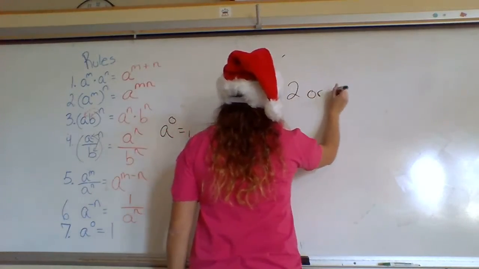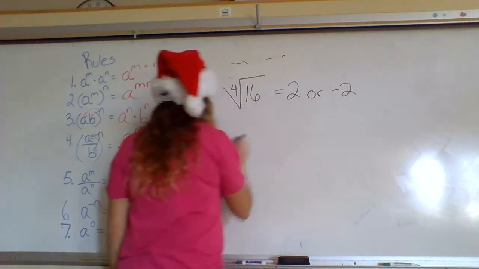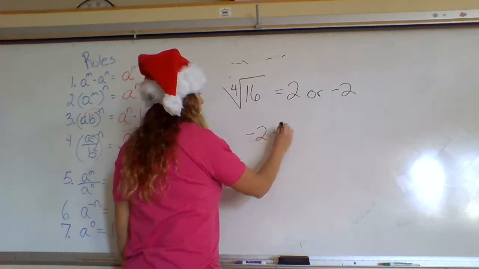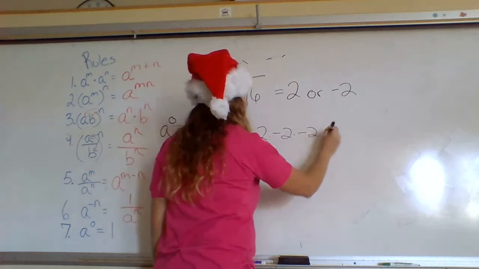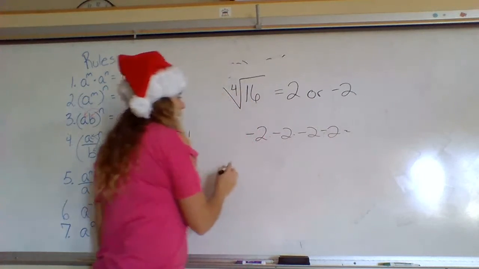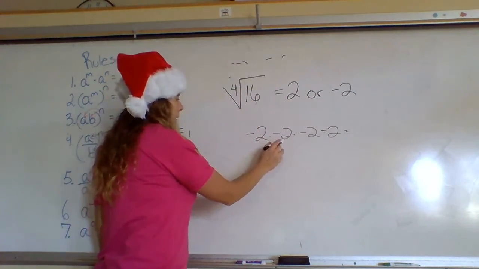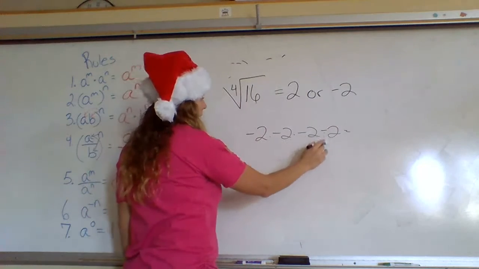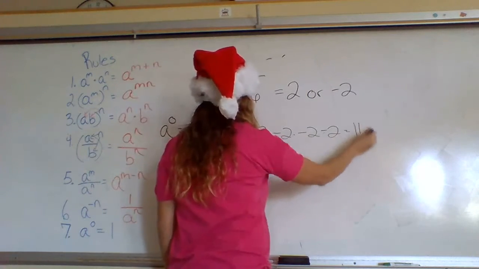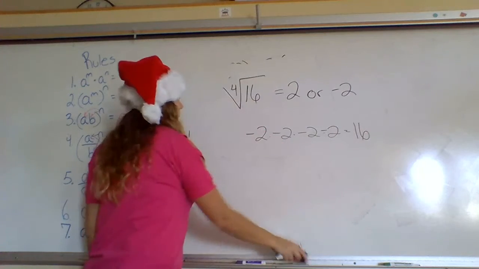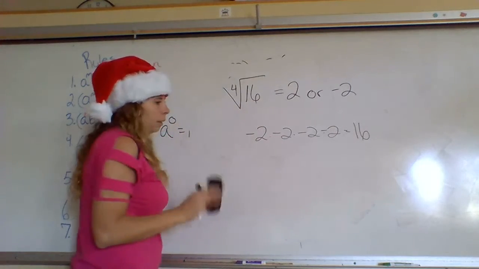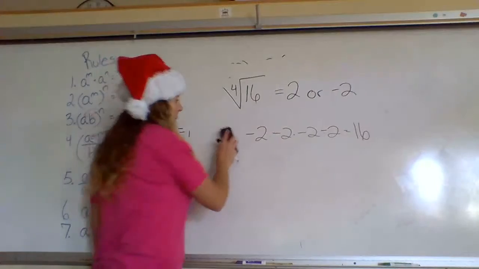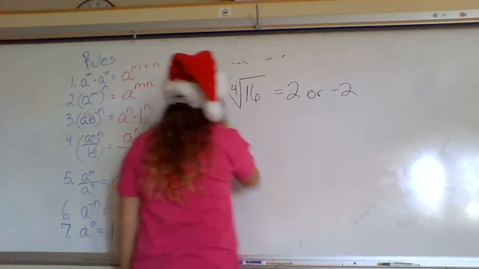Or negative 2: positive 4, negative 8, positive 16. The negatives all cancel each other out. It will not work for odd roots. For 3, 5, 7, all the odd roots, there's only the one answer.